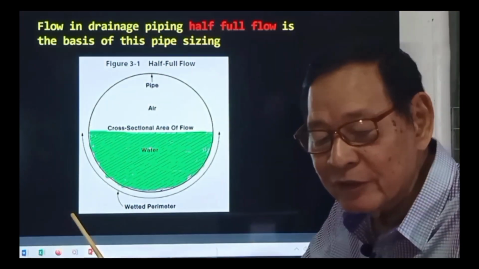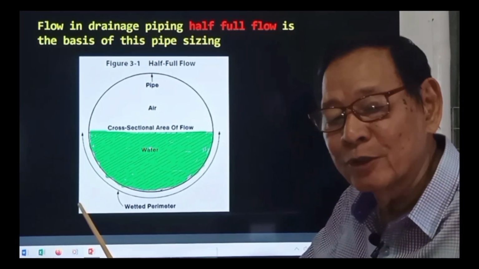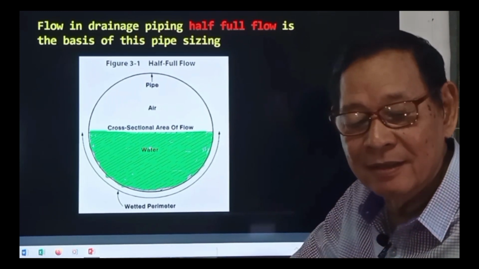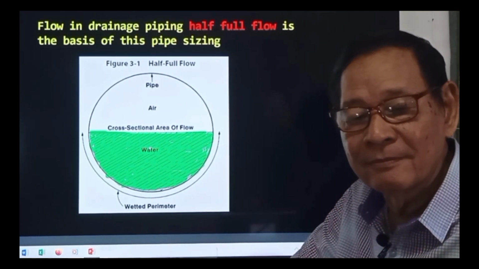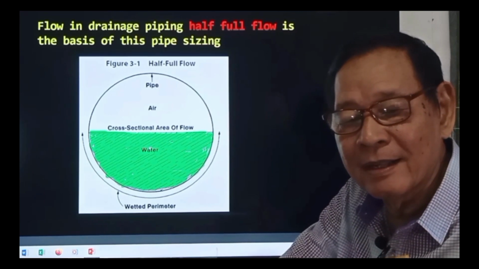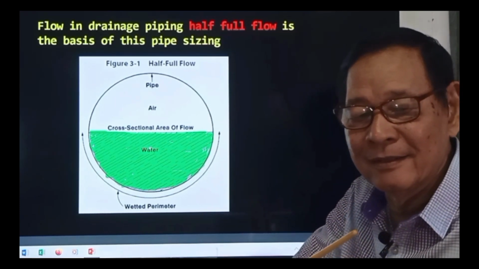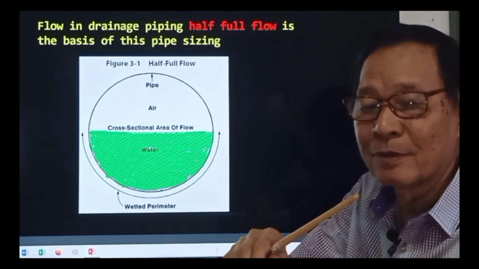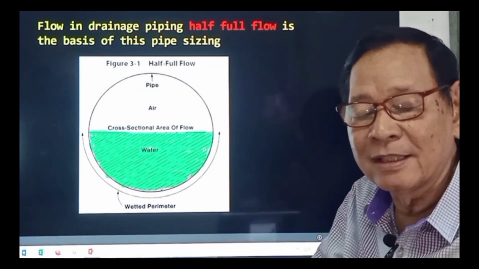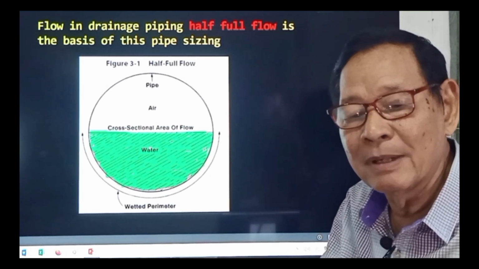It will always be half bore, because with full bore, when there are surges, you cannot have leeway for the pipe diameter so that it will not backflow.